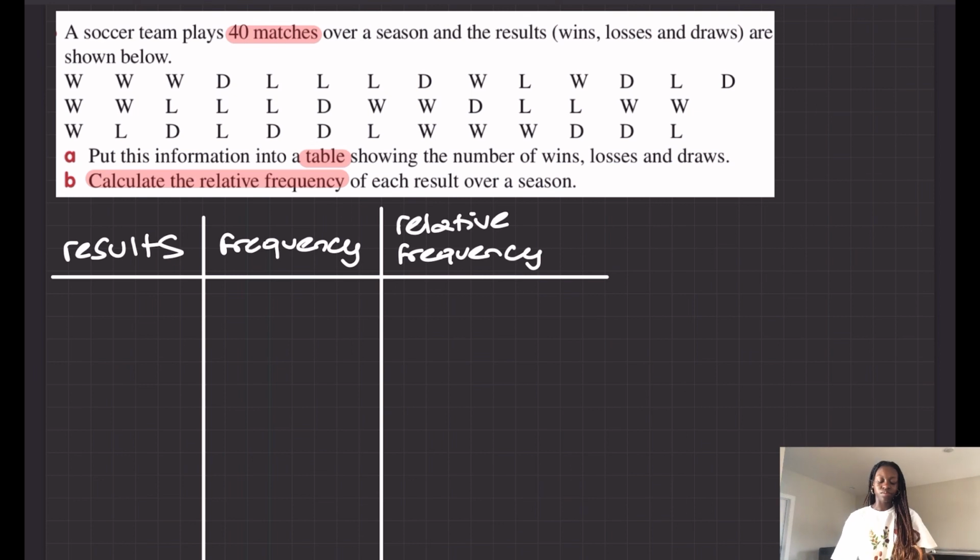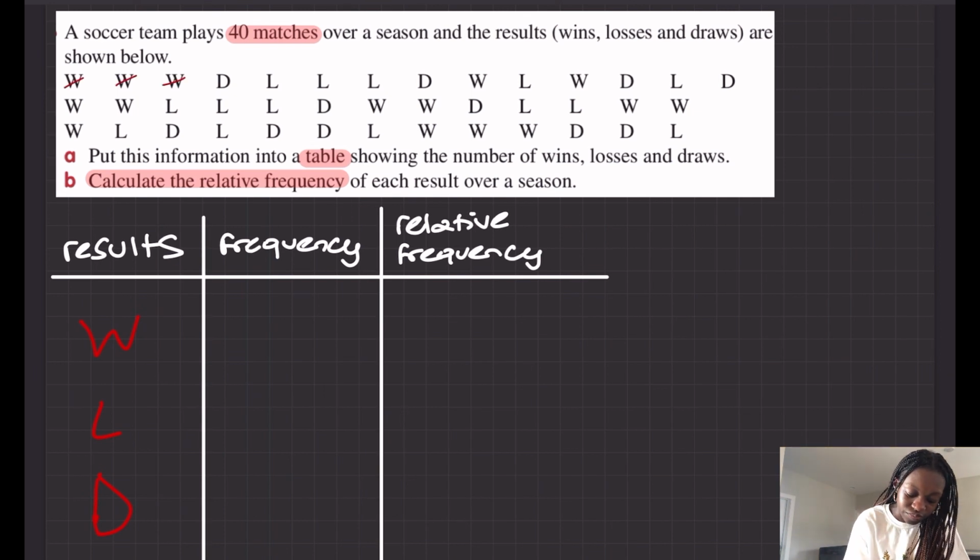So this is my table. On the left side, I'm going to have the three types of results, which is wins, losses, and draws, right? I now need to calculate the frequency of occurrence for each value in the given data set. So we'll start with wins.